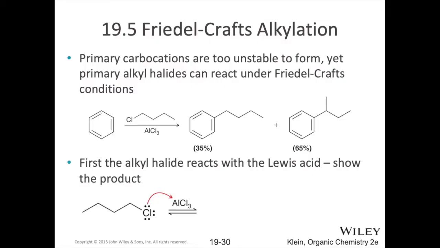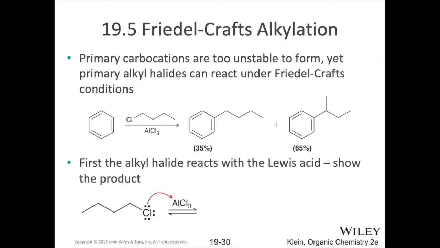Now, you've got to be careful about the types of alkyl halides that you want to make here. I don't know if you noticed in that last example, but that was a secondary alkyl halide that we used. What happens if you use a primary alkyl halide? Well, you're not going to go through a primary carbocation intermediate.